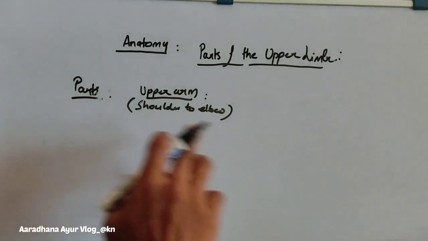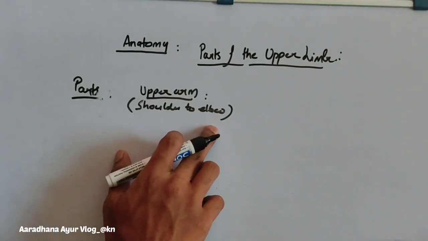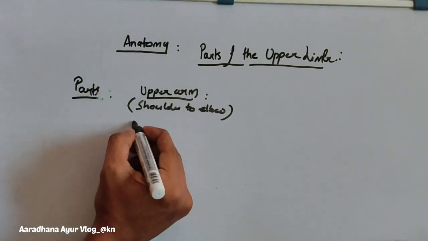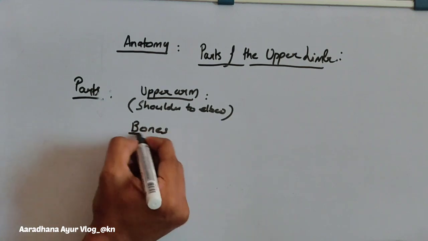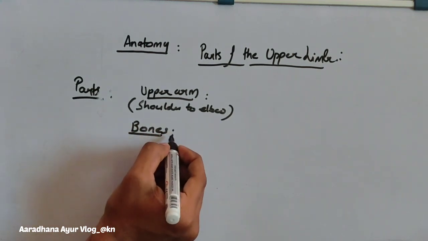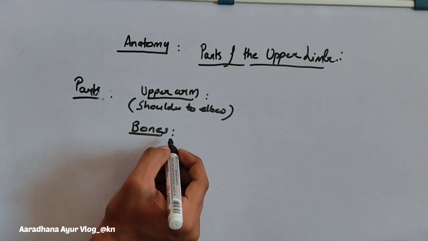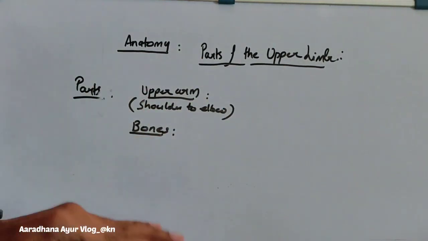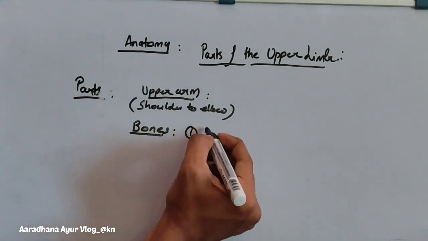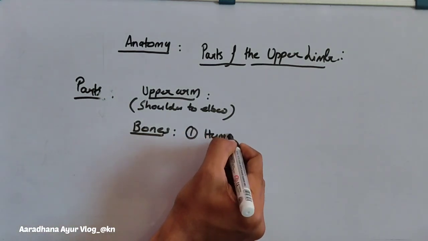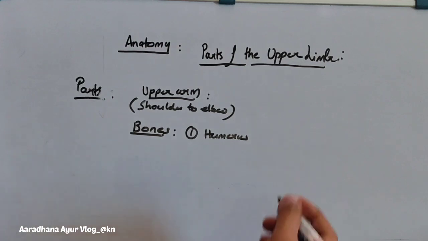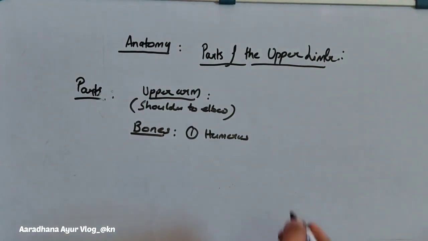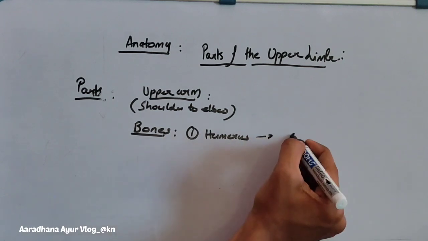The bone present from the shoulder region to the elbow, as I had told before also, is one bone, the humerus bone. And the joint it makes is the shoulder joint.